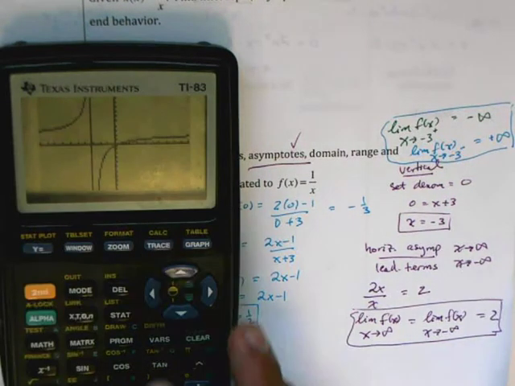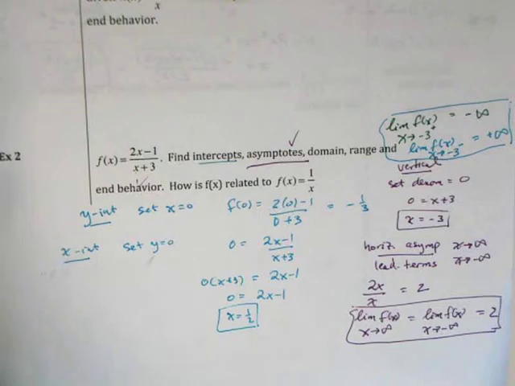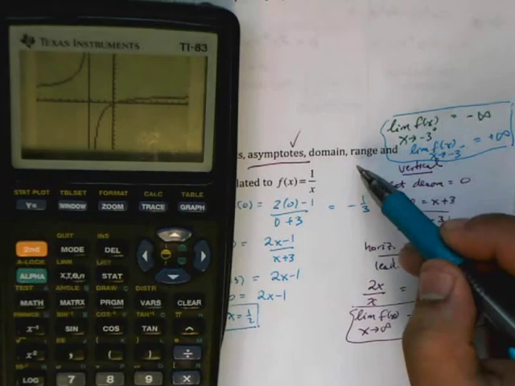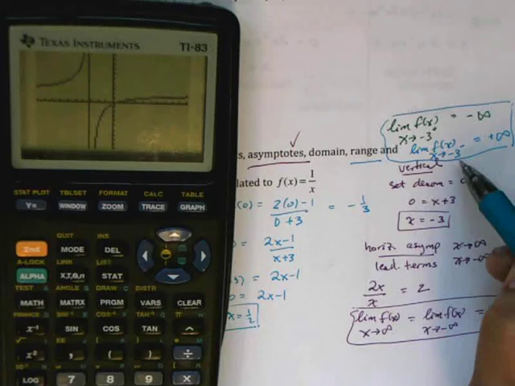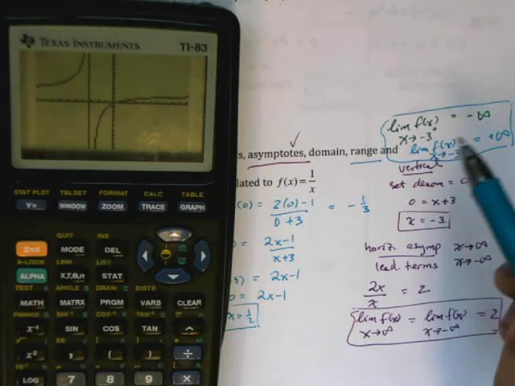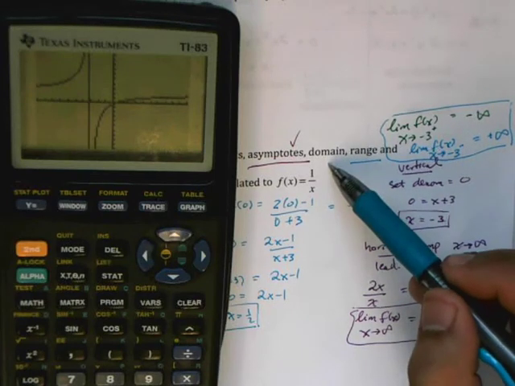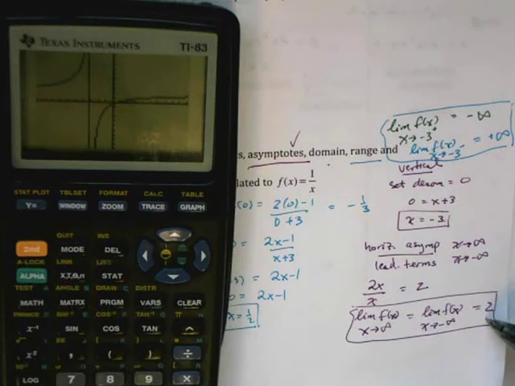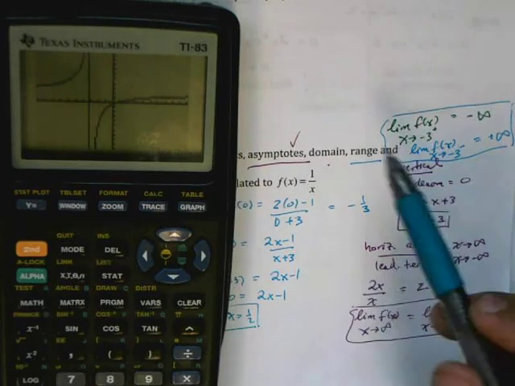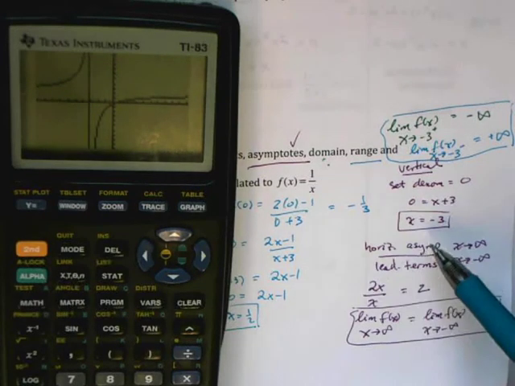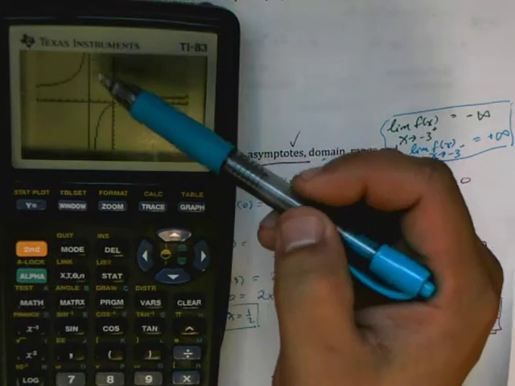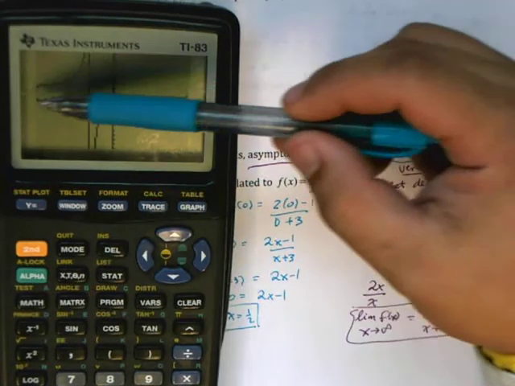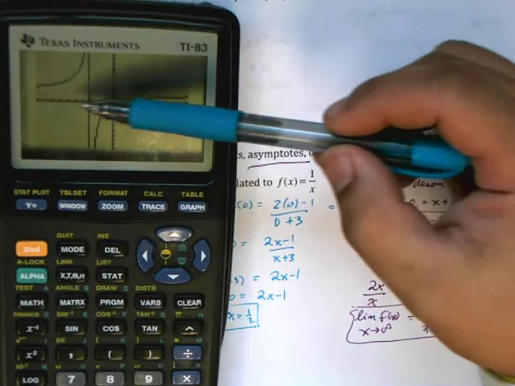This helps us, but really the formal complete definition is to write it in this manner. Now, from the graph we can see that the range is going to be everything except 2, and the domain is going to be everything except negative 3, because you have this gap here along the x. That's the domain. And you're going to have this gap here at y equals 2.